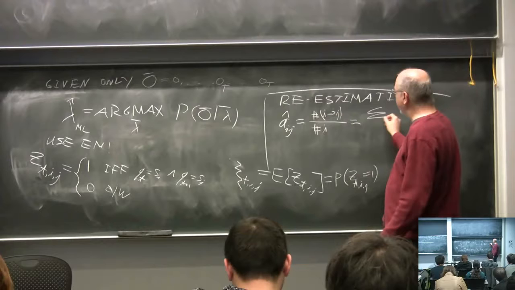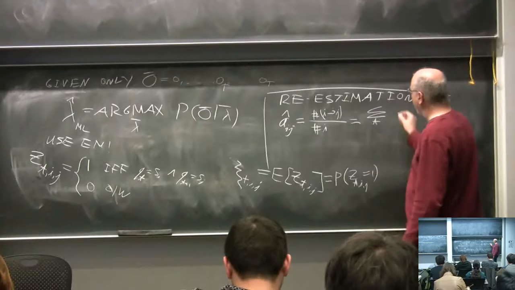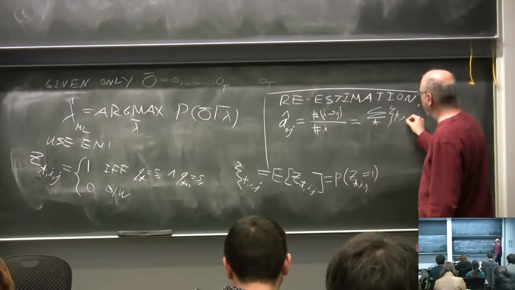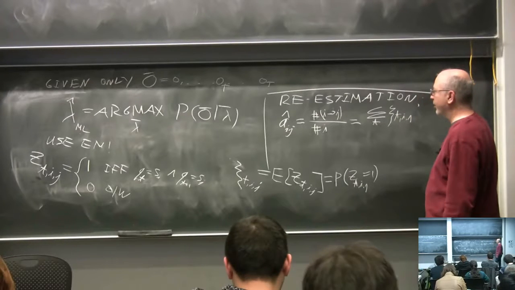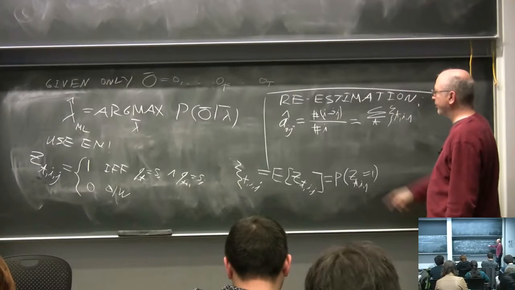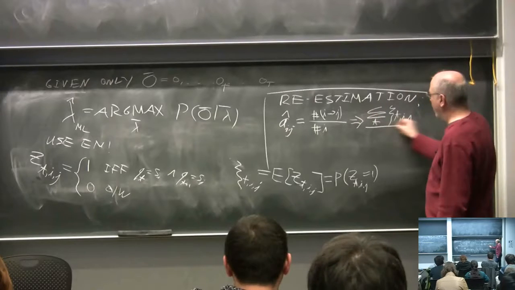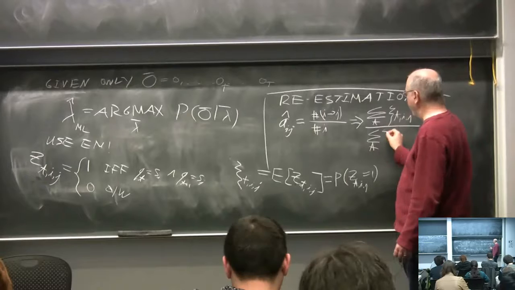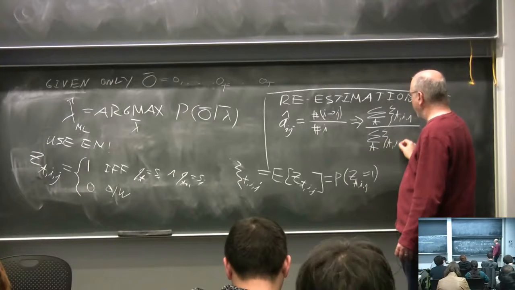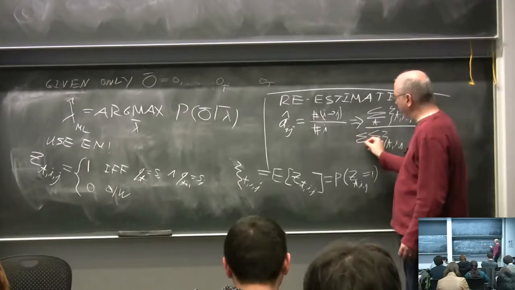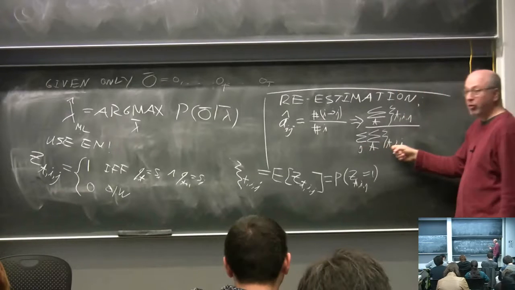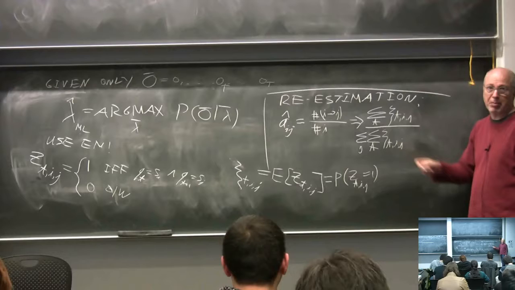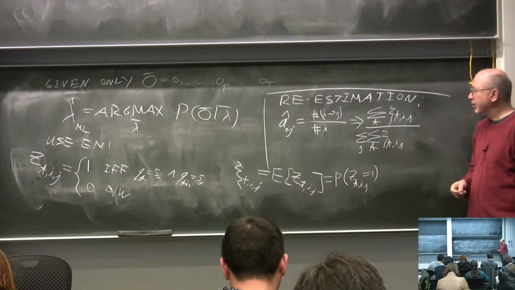So this would be summation over all t of psi t i j. This would replace this. And the denominator would be replaced by the same thing, summation over t of psi t i j, but also summation over j, since I don't care into what i changes. I just want to care about i being there.